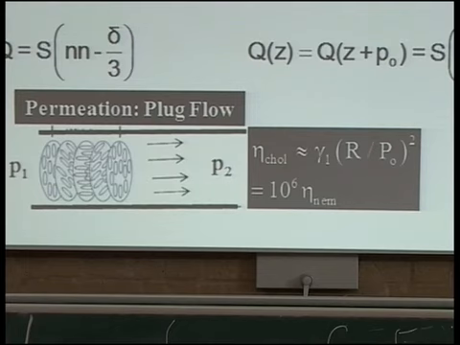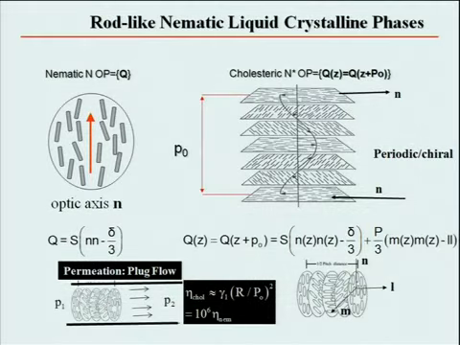And when you measure the low shear rate viscosity in the system, we have a value that is the apparent viscosity, roughly 1,000,000 times bigger than a standard nematic viscosity. So this is the so-called permeation flow. Of course, if you drive the system, this system is non-Newtonian, and at some point you can transform this helix into something else.